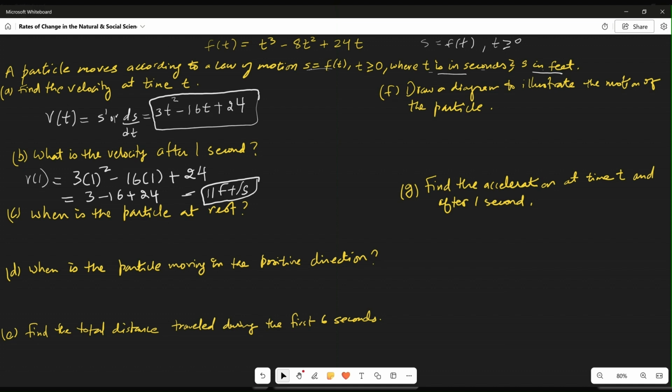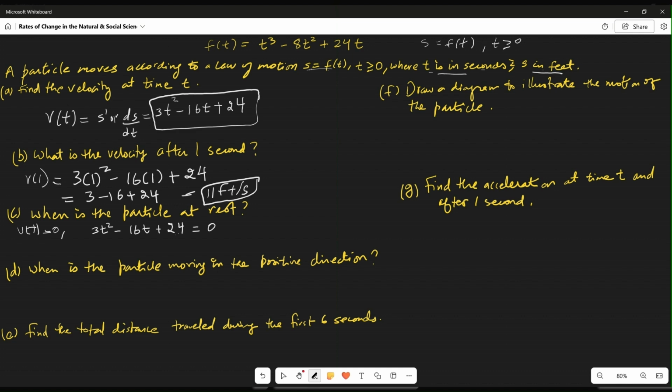Okay, now let's look at when the particle is at rest. At rest means this velocity function is equal to 0, correct? We have 3t squared minus 16t plus 24 is equal to 0. And let's see how we can simplify this. What are the factors of 24?